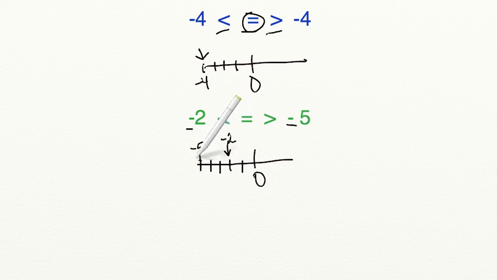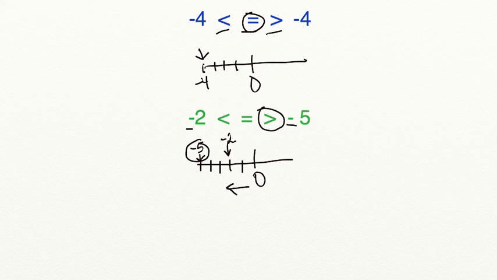So we now have both points labeled on a number line. So, if we remember right, every time we move further to the left, the number is getting smaller. So that means that -5 has to be less than -2, which means that -2 is greater than -5.